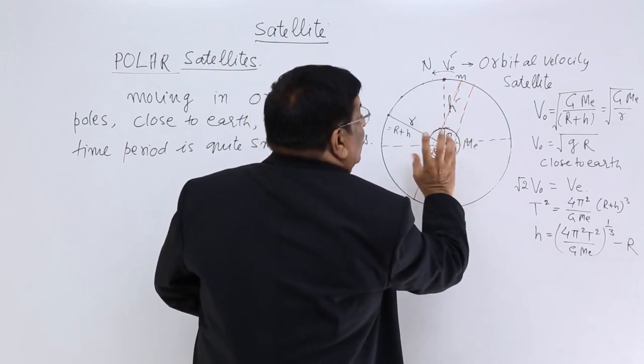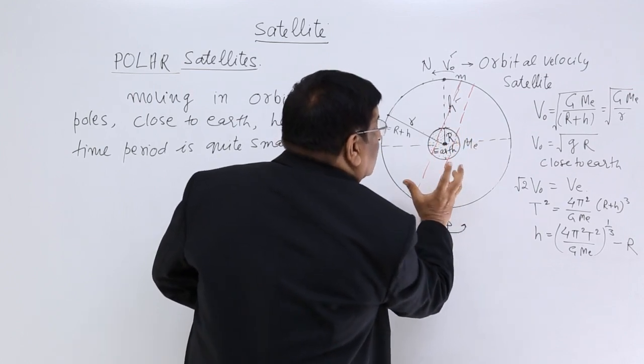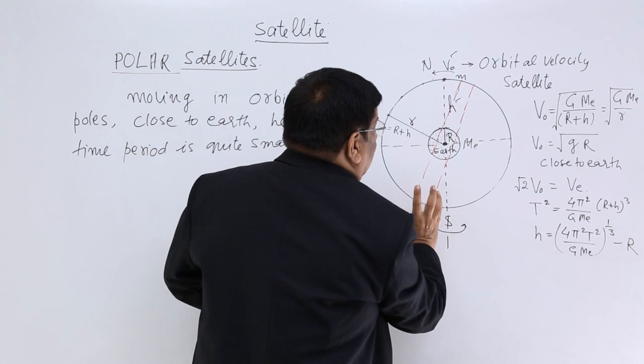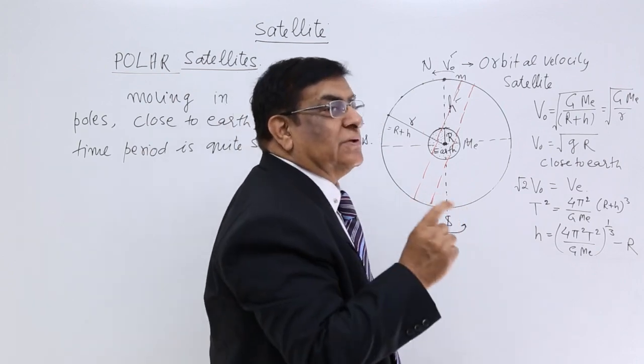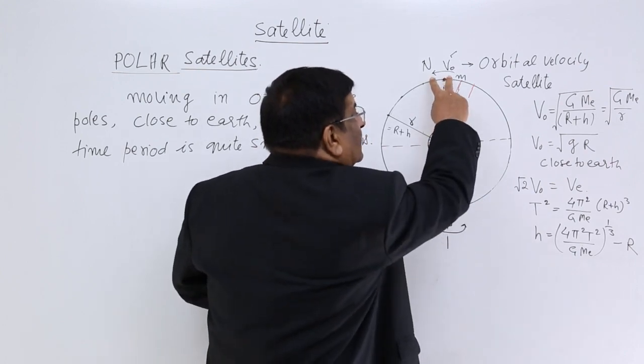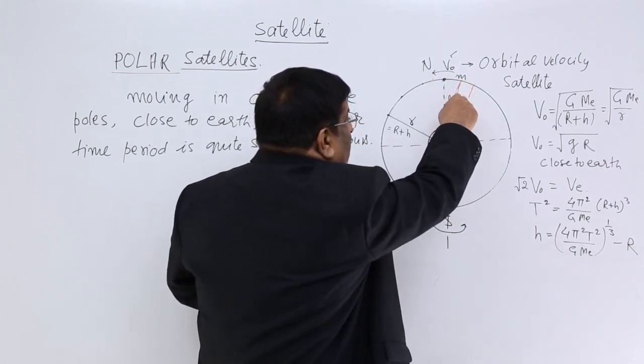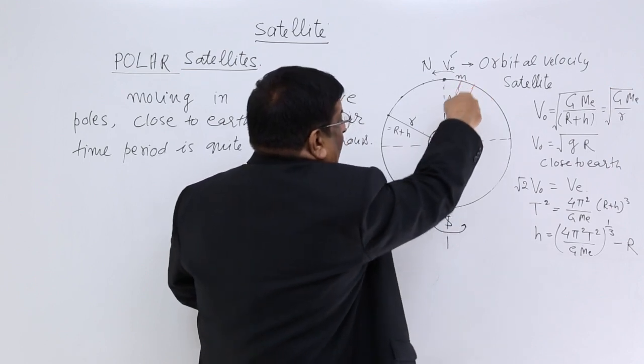It has come here, Earth has moved a little, and it has come here, Earth has moved a little. So the photograph it has taken is not of this straight line. It has taken a photograph of this patch.